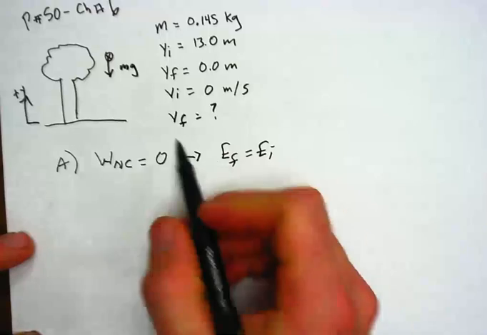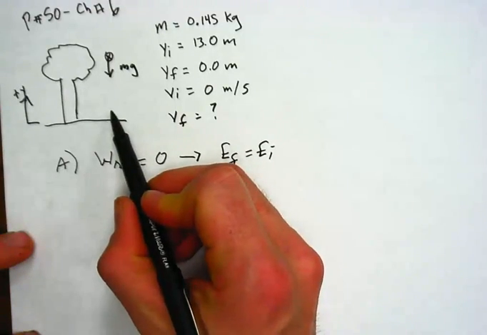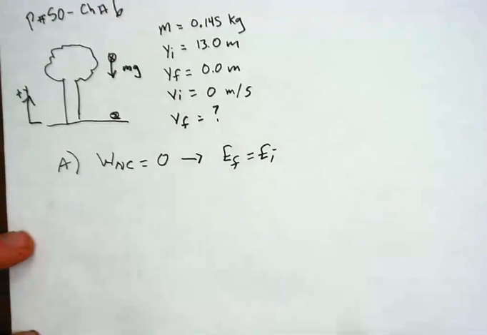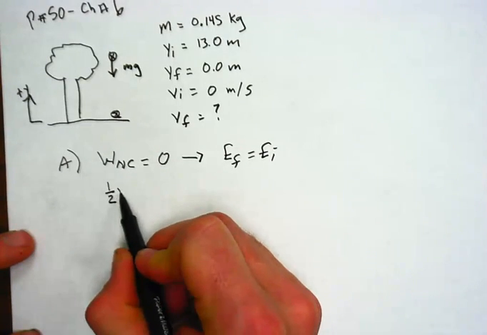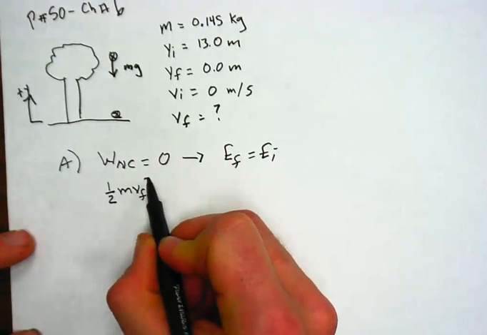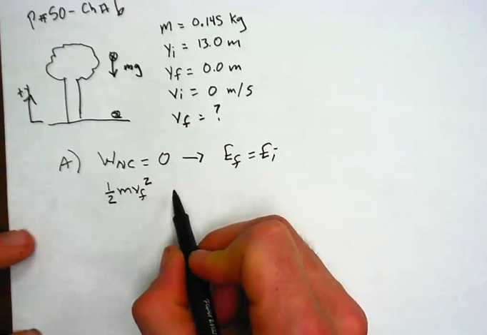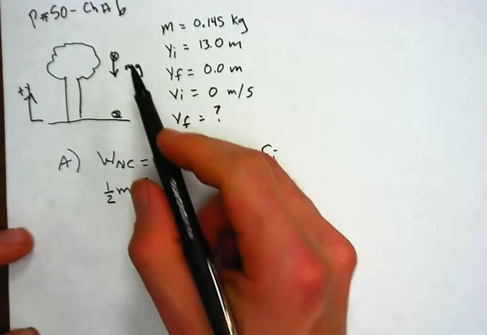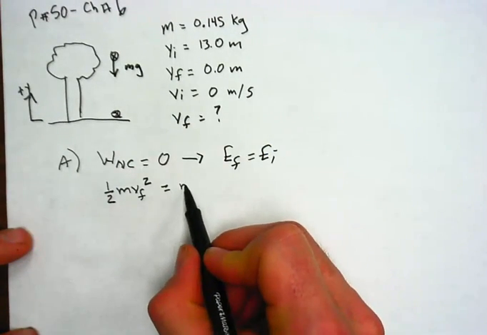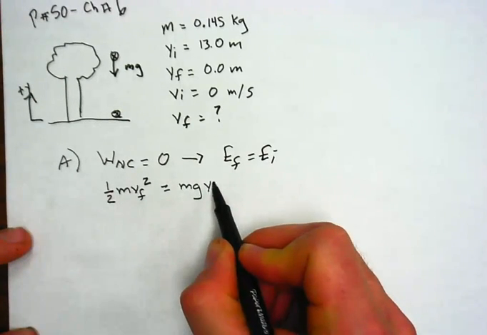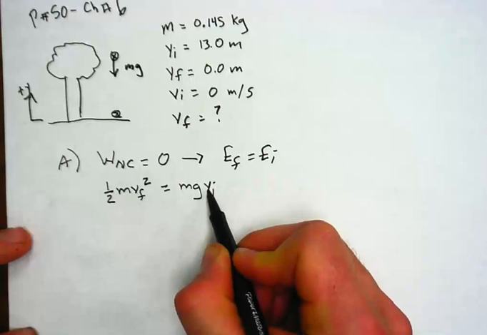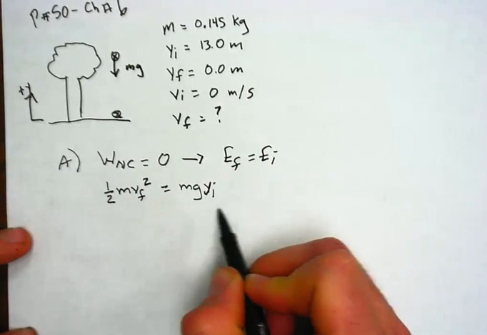In other words, when the ball gets down here, it will have kinetic energy, but no potential energy. And to start, I have gravitational potential energy, this is a y here, but no kinetic energy.